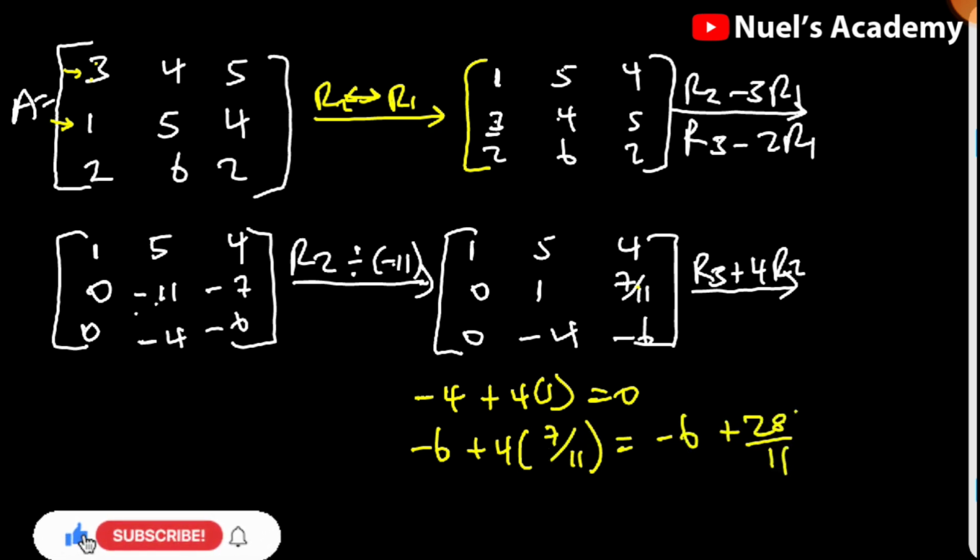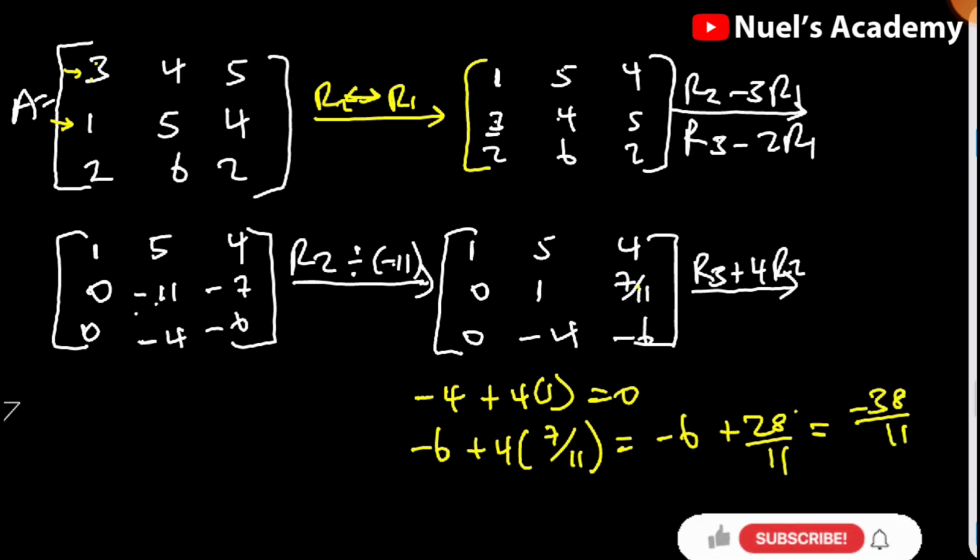So we punch in a calculator minus 6 plus 28 divided by 11. This is going to give us minus 38 over 11.